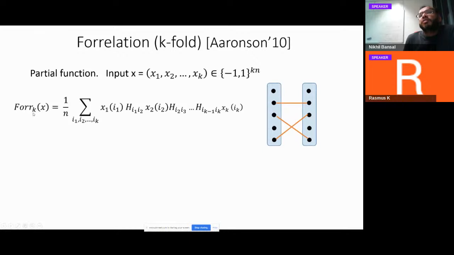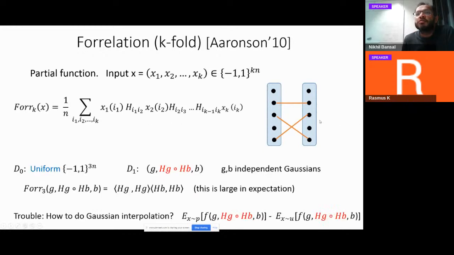Now if you look at k-Forrelation, just to remind you, it was this messy formula. Somehow something got deleted here, but it should have many levels. This is for k equal to 2, so let's just look at k equal to 3.